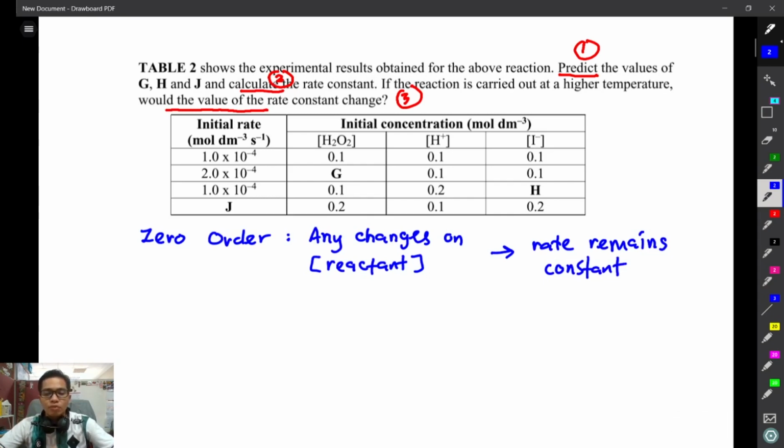Any changes meaning if you double the concentration or probably you reduce the concentration by half, the rate will always stay constant. That is the characteristic of zero order.